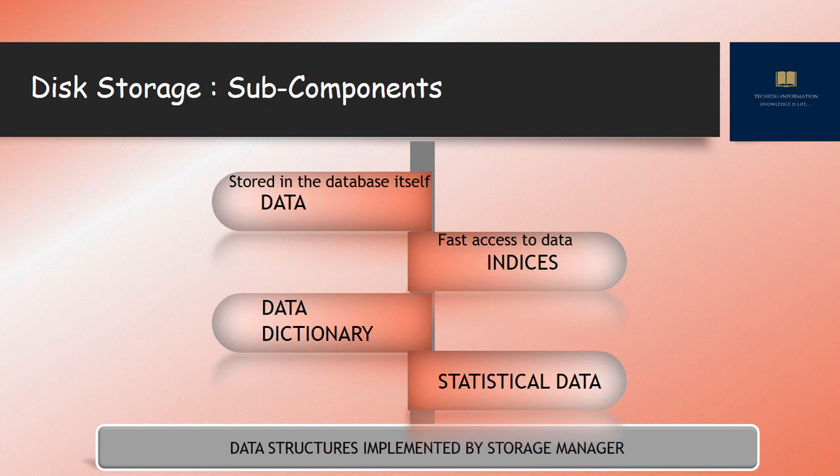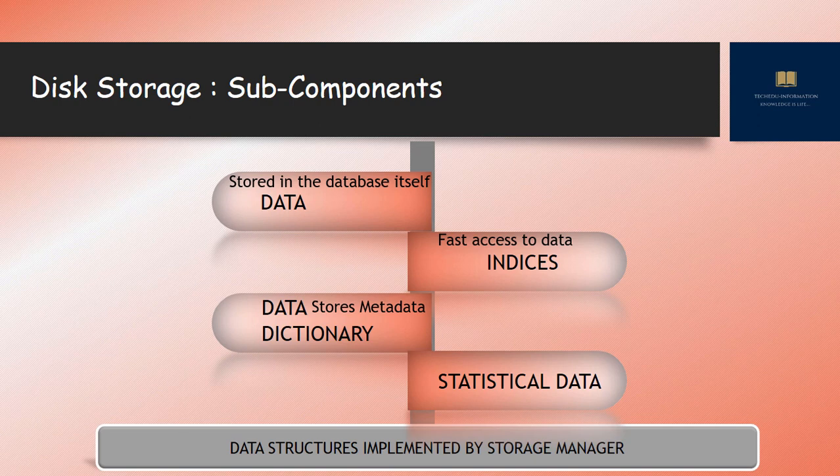Next one is data dictionary. Data dictionary is also like our real life dictionary, which has a number of words, synonyms, opposite words and their meaning. Data dictionary is related to the database, so it is storing all the information about data, and that data is interrelated.